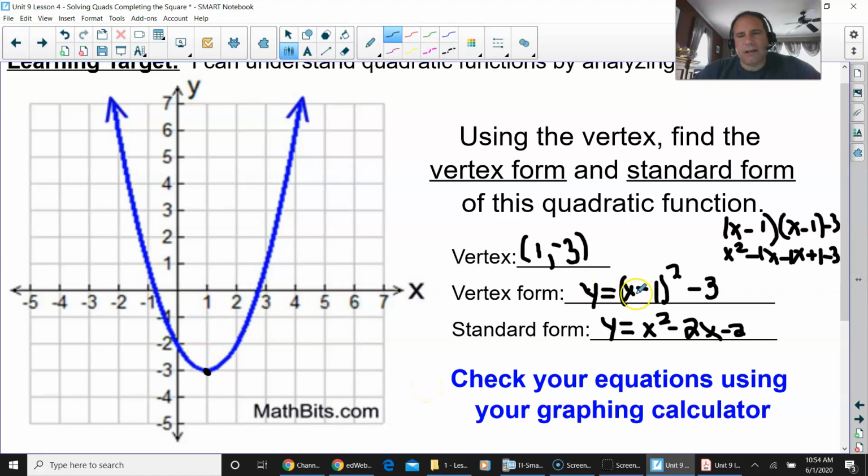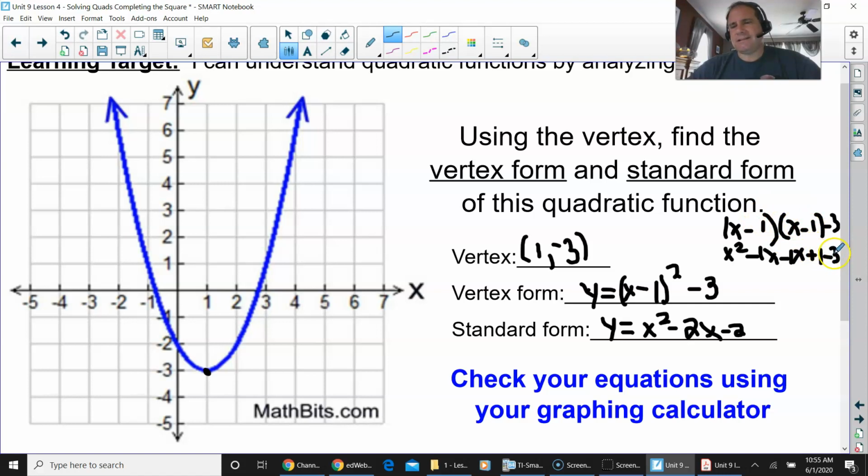So it is y equals x minus 1 squared in parentheses minus 3. This is the vertex form. Standard form of this is just expanding the x minus 1 times the x minus 1. And don't forget, you still have this minus 3. When I did distributive property, I got x squared minus 1x minus 1x, and then plus 1, because negative 1 times negative 1 is a plus 1.